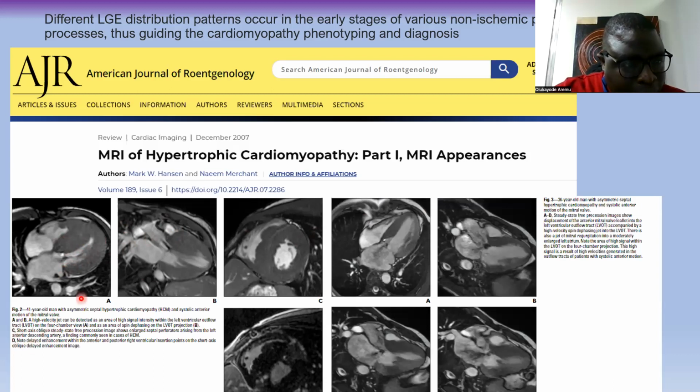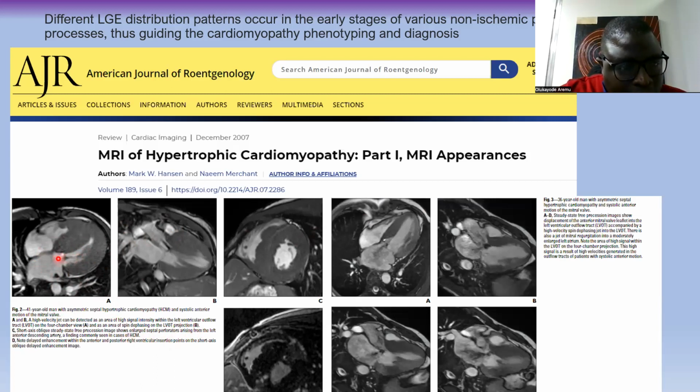And if you look at the first image here, you see a high velocity jet that is detected as an area of high signal intensity within the left ventricular outflow. You see the bright signal here, the LVOT, on the 4-chamber view. And you can see a spin dephasing of the LVOT projection.